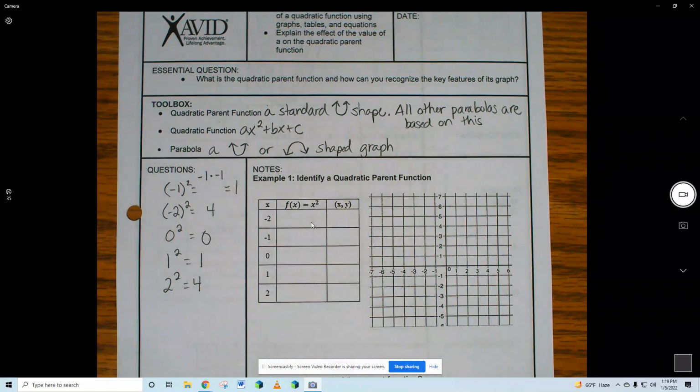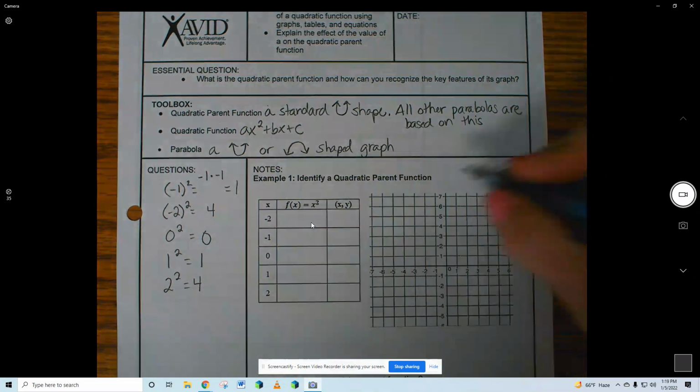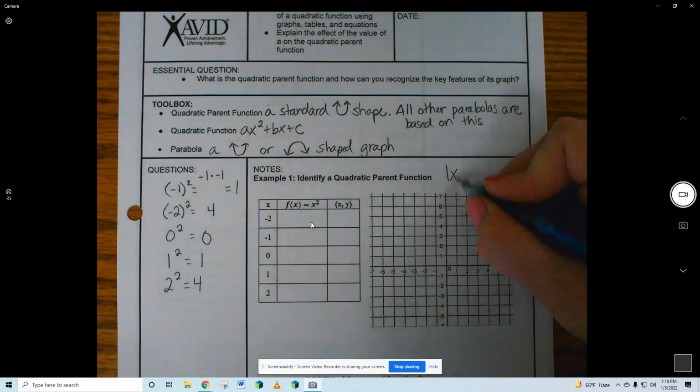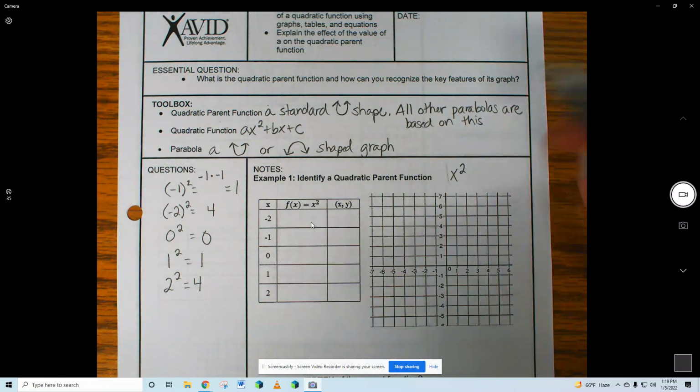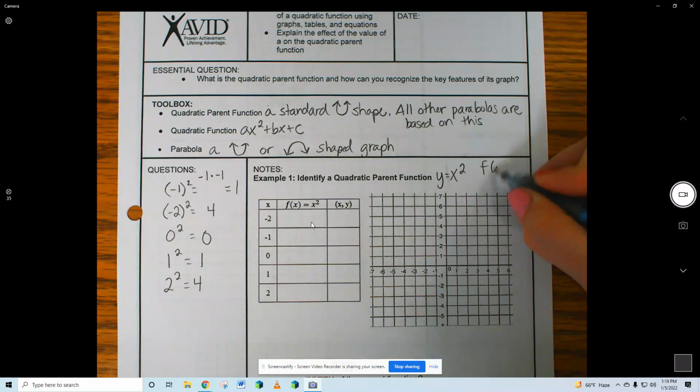So I'm going to show you the easiest quadratic parabola that exists. It's just plain x squared. X squared would have a 1 in front of it, but again, nobody writes a 1. So I could put y equals x squared or f of x, function notation, x squared.